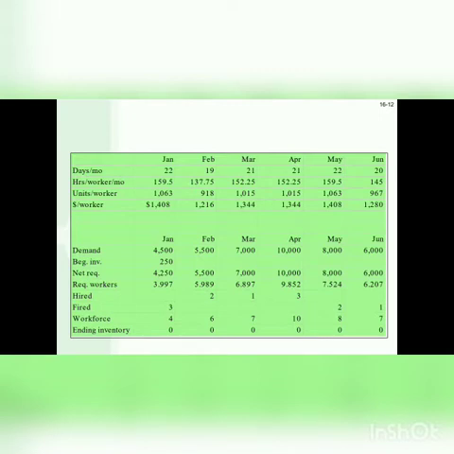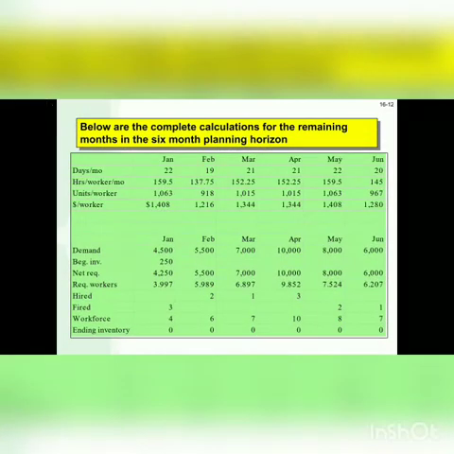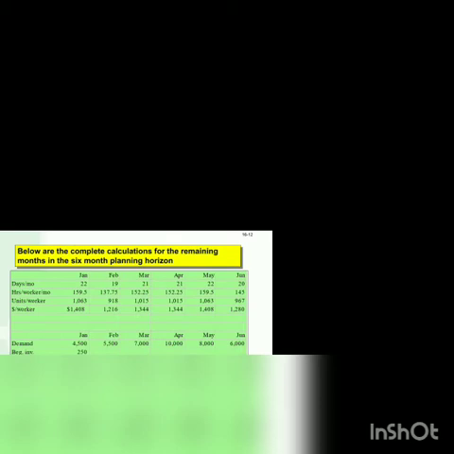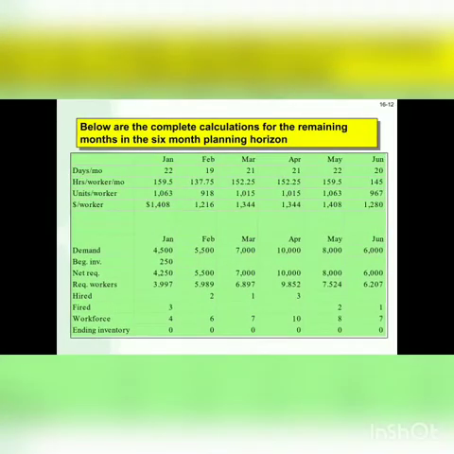And now, using the same chase strategy, the plan is given here. The chase strategy says that you have to fire 3 people in the month of January and hire 2 people in the month of February, 1 laborer in the month of March, 3 in April.